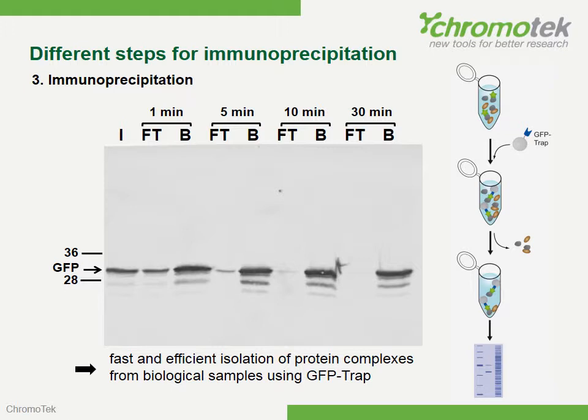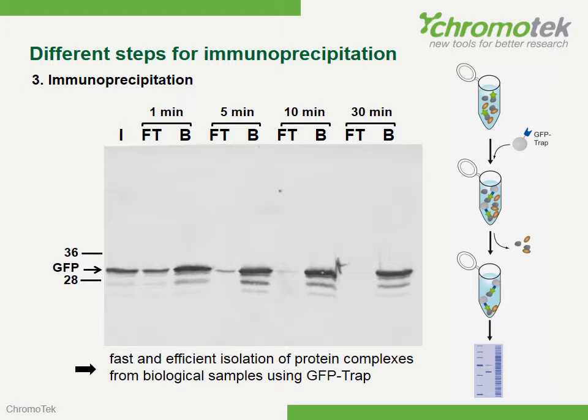And after 30 minutes, all GFP was immunoprecipitated and is in the bound lane, and no GFP is visible anymore in the flow-through lane. So this shows that the pull-down efficiency of the GFP-Trap is really good, and that your IP can be very fast.